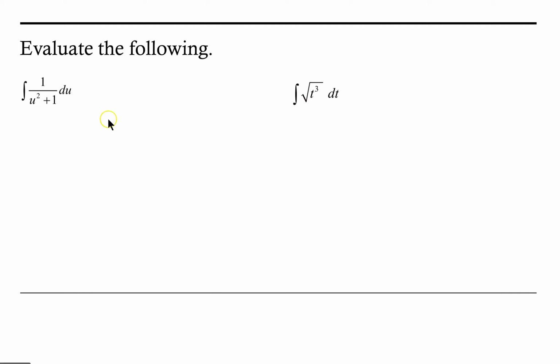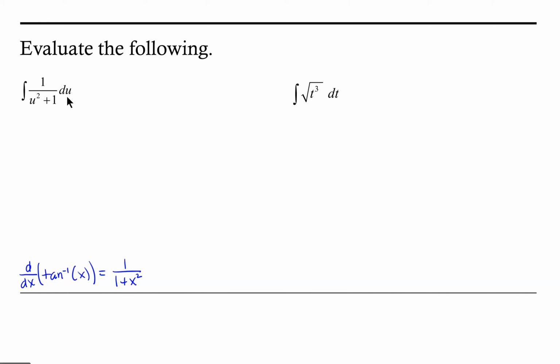In this next example, we have the indefinite integral of 1 over u squared plus 1 du. So our variable in this case is going to be u. And what we need to rely on is our knowledge that the derivative of the inverse tangent function, or arctangent, is 1 over 1 plus x squared.